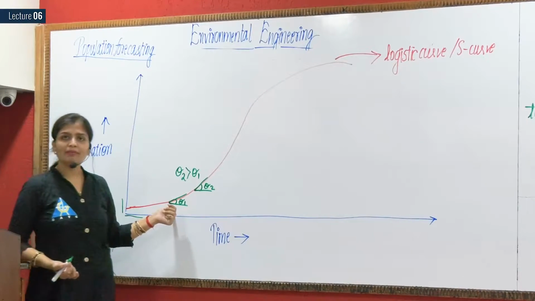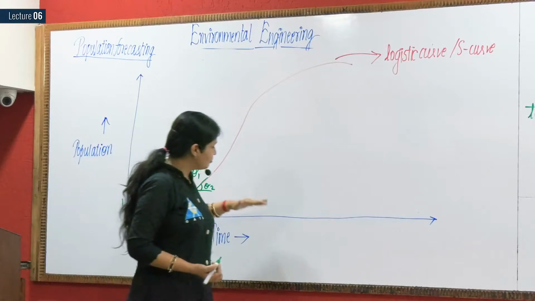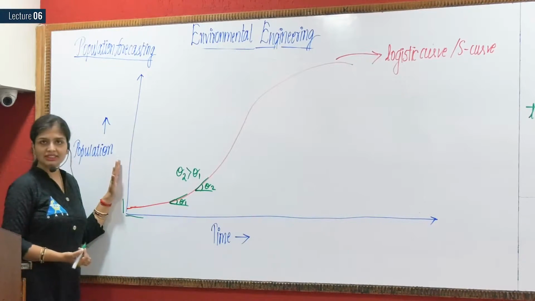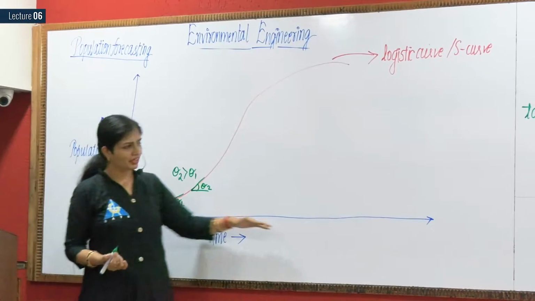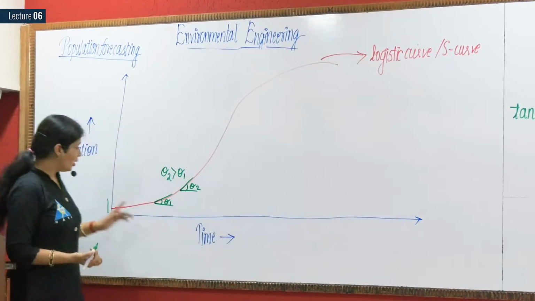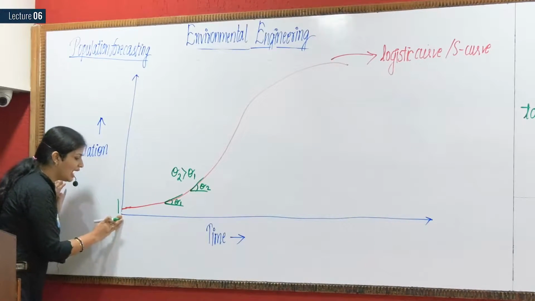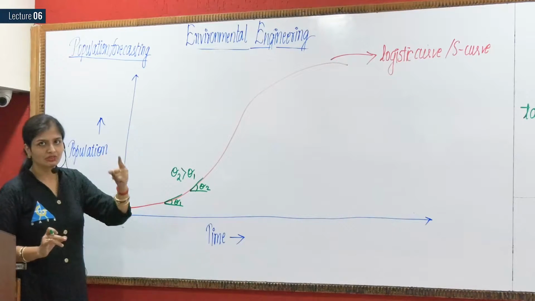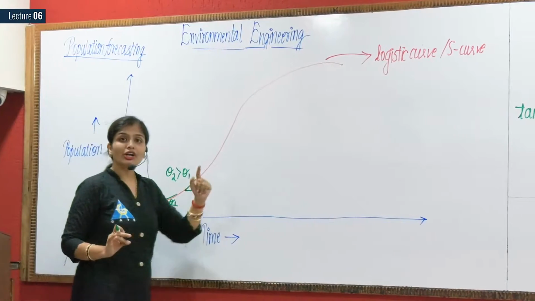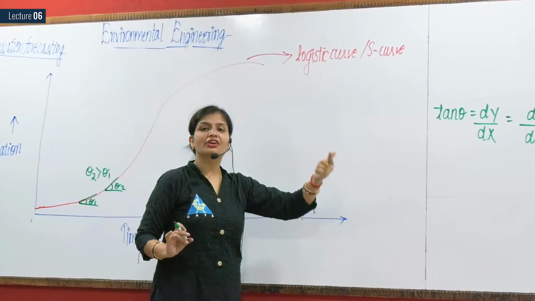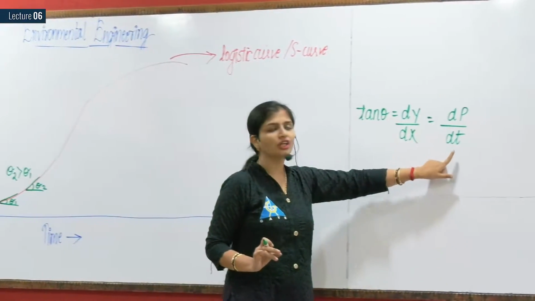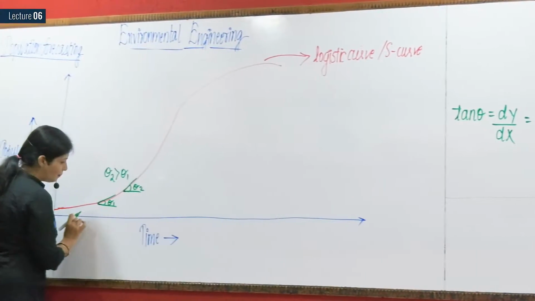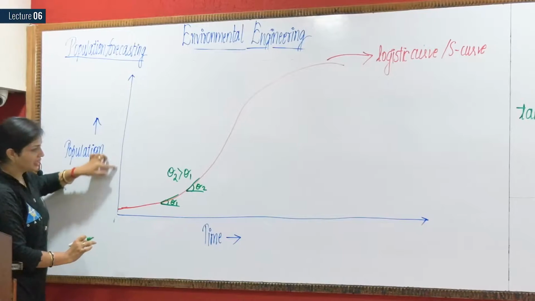So you can say that as the time increases, your population is increasing. That's for sure. But what you observe here is, as the time increases, your population increases, and your rate of growth of population also increases. That means with the passage of time, population is increasing.